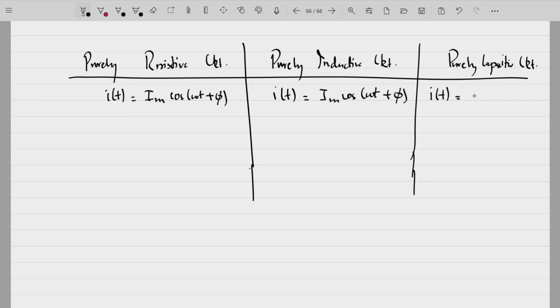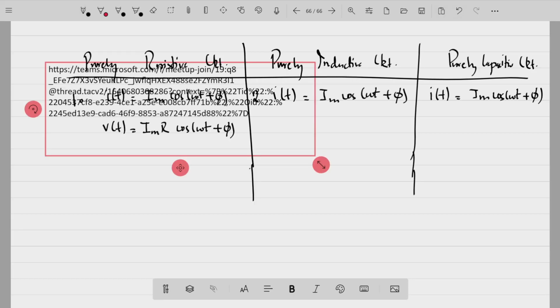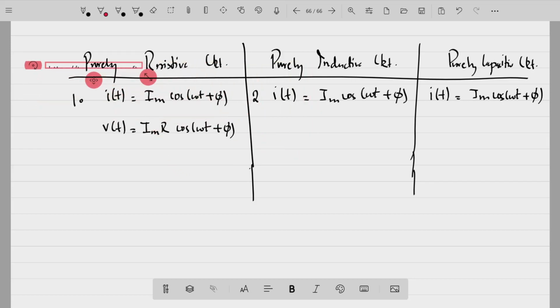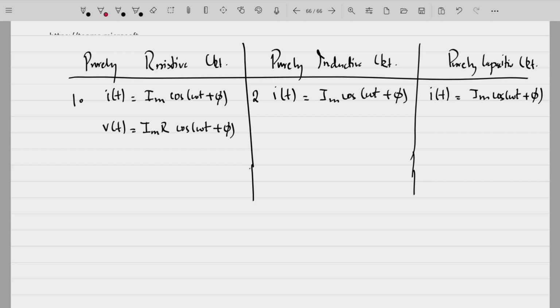For all these three cases, we have taken i(t) as the reference to find the voltage, and the sinusoidal form of voltage will be v(t) simply Im into R cos of omega t plus phi. Okay, this is point number 1.